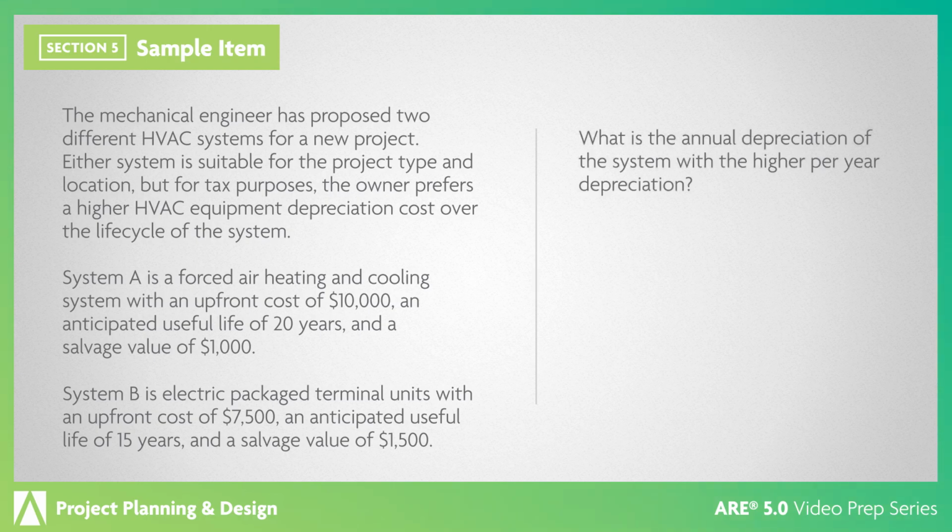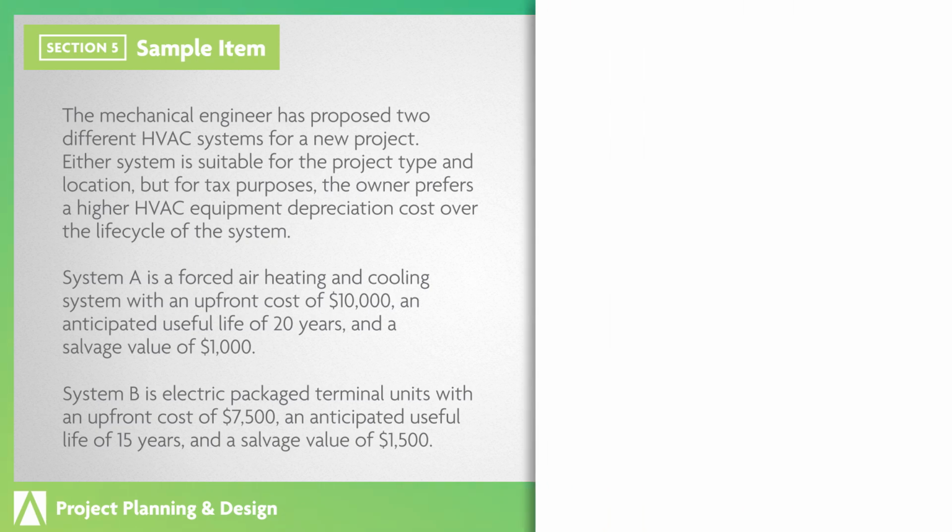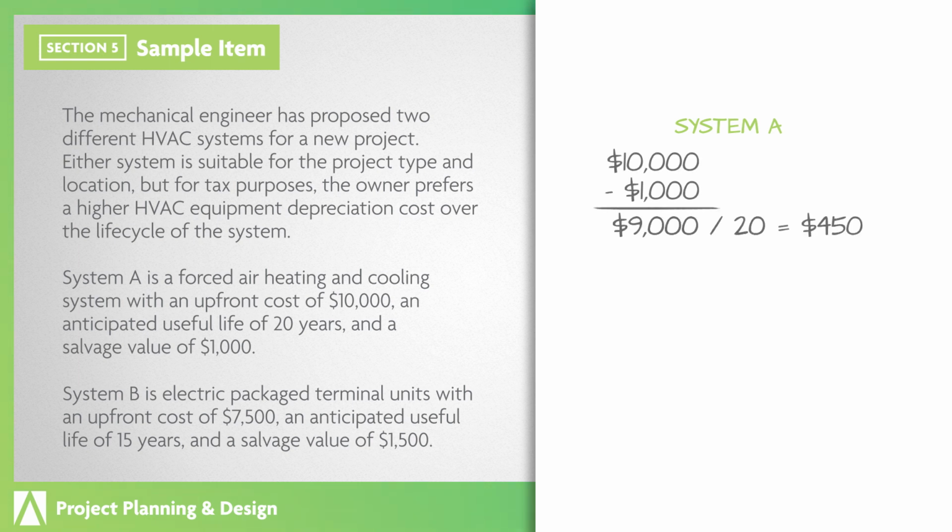What is the annual depreciation of the system with the higher per year depreciation? $300, $400, $450, $500. The correct answer is $450. Annual depreciation value is an important aspect of life cycle considerations. It can be determined by subtracting the salvage value from the initial investment, then dividing by the estimated lifespan of the system.